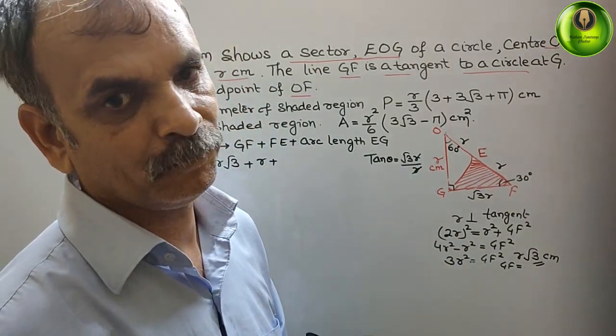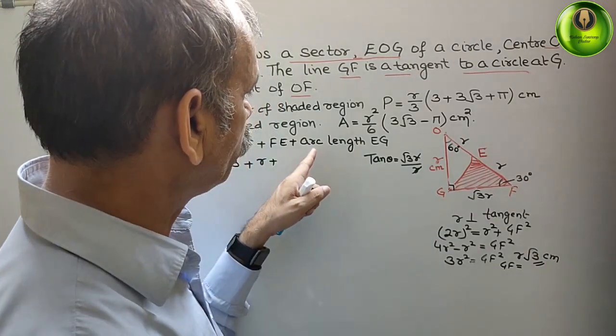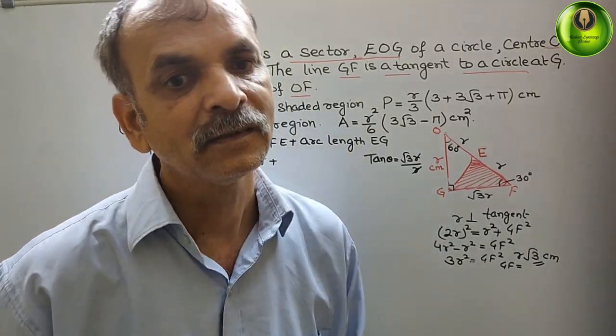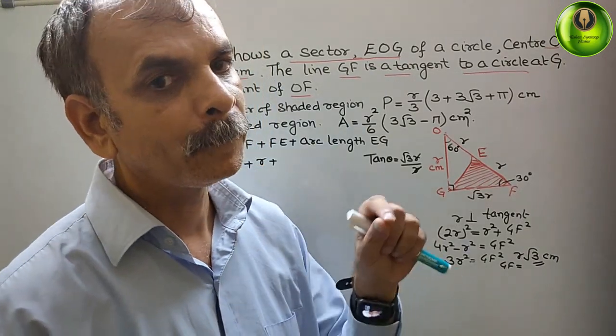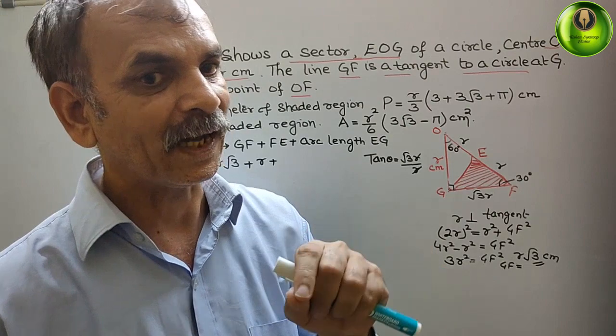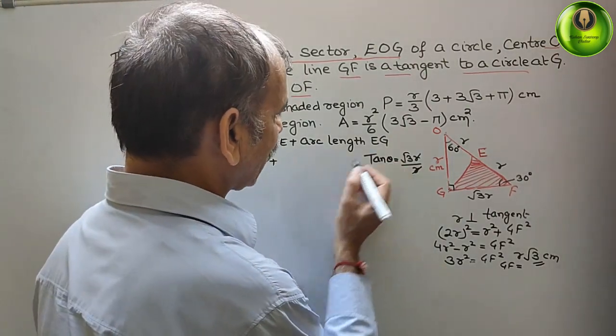60 degrees is what? Pi by 3. So what is the formula for arc length? Theta by 2 pi into 2 pi r.